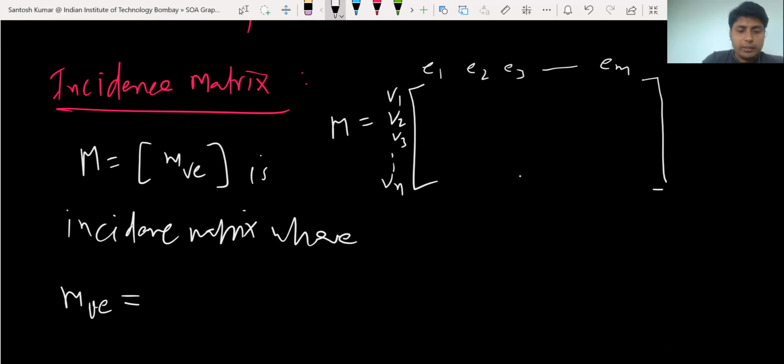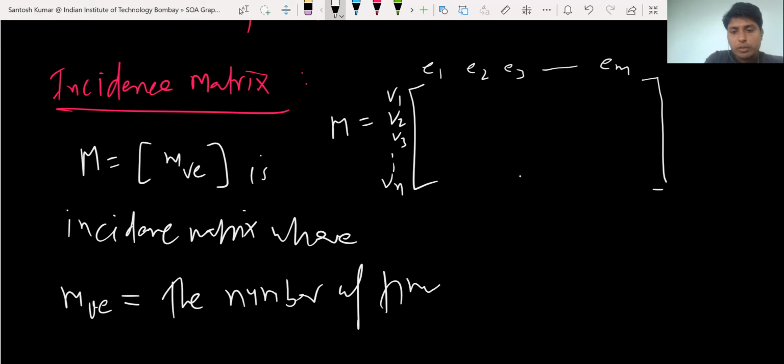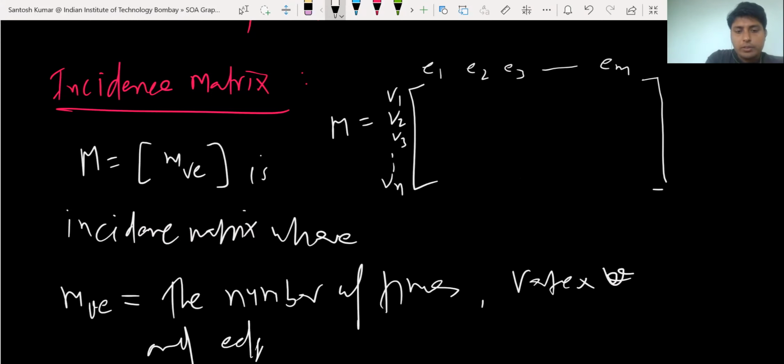And MVE is the number of times vertex V is incident with edge E. You can say the number of times vertex V and edge E are incident.